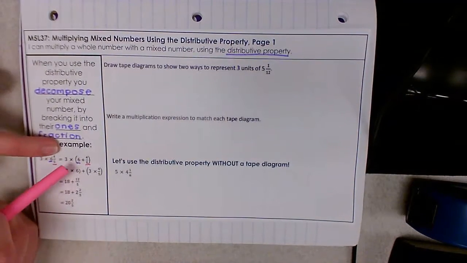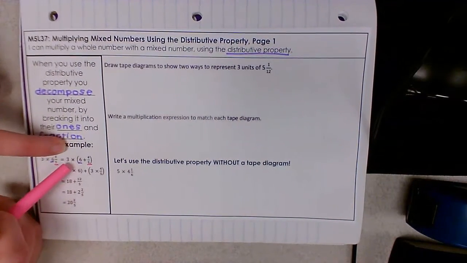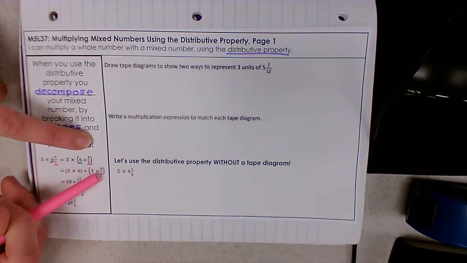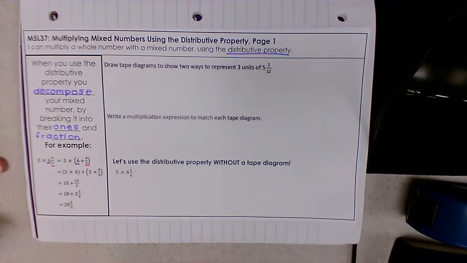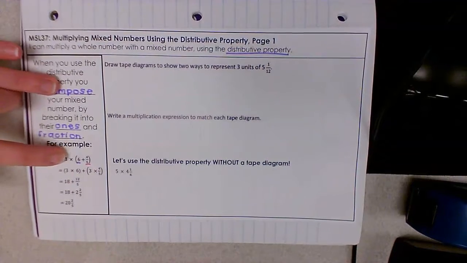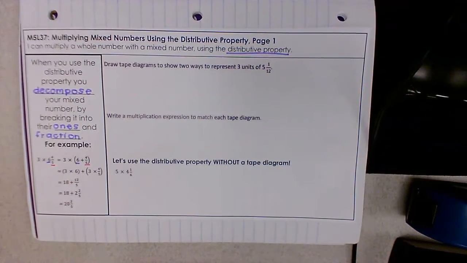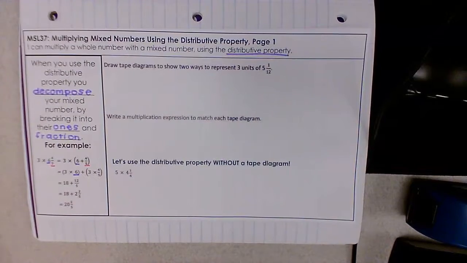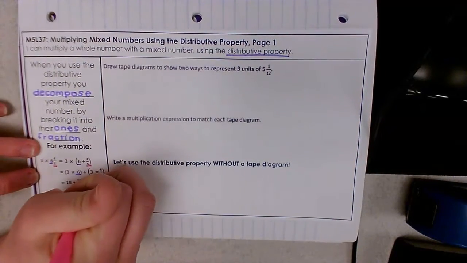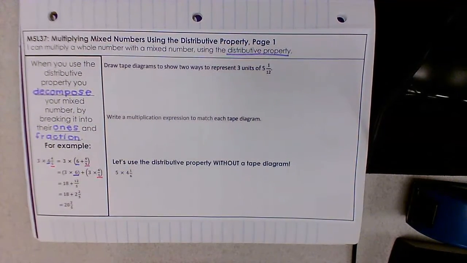We're going to hand out this 3 to the 6. We're going to hand it out to the 4/5. You get a 3, you get a 3. We distribute that 3 everywhere. So instead of saying 3 times 6 plus 4/5, we can rewrite that as 3 times 6 added to 3 times 4/5.